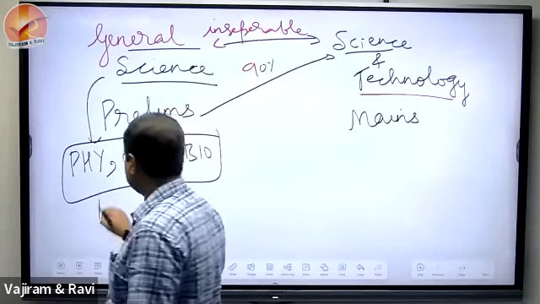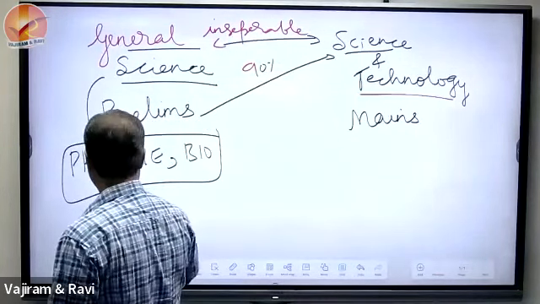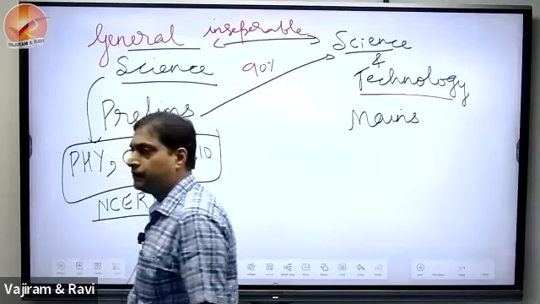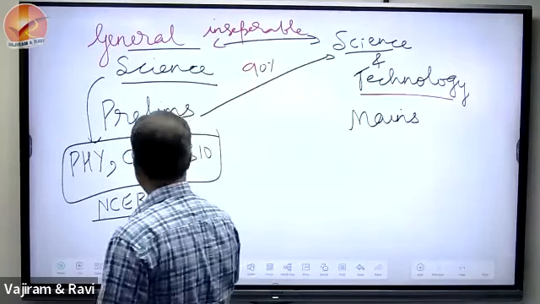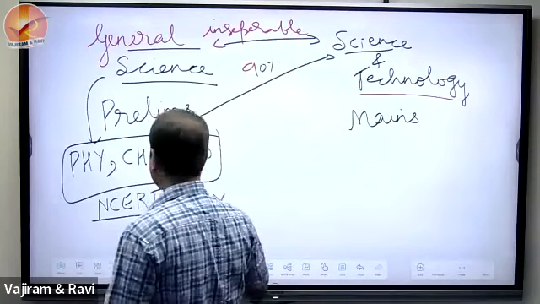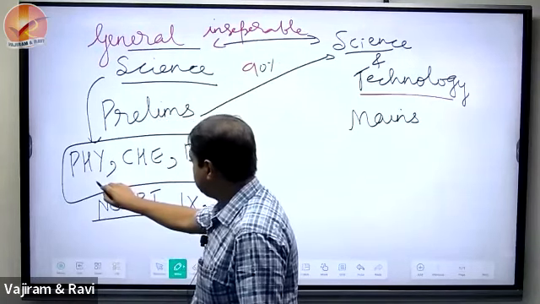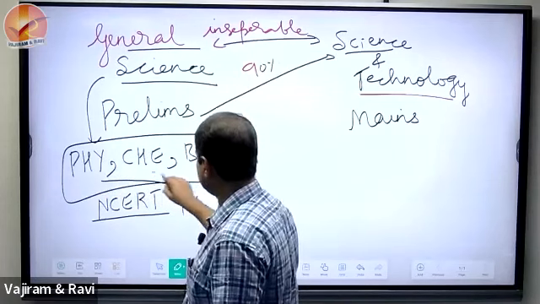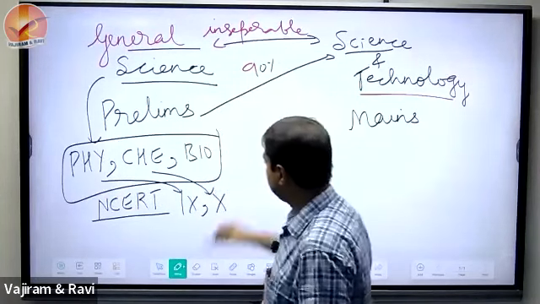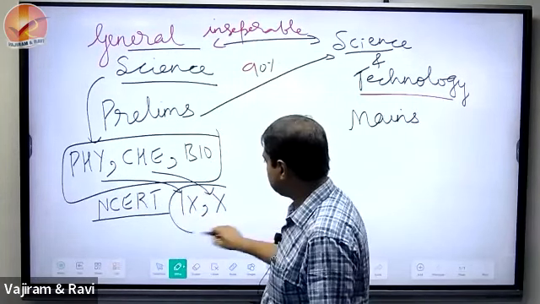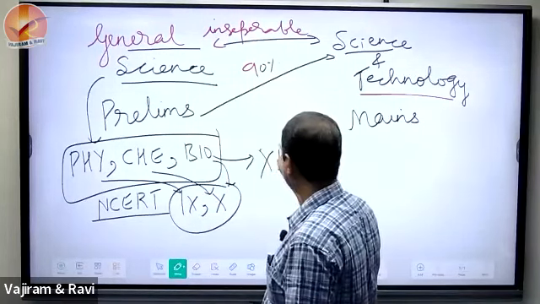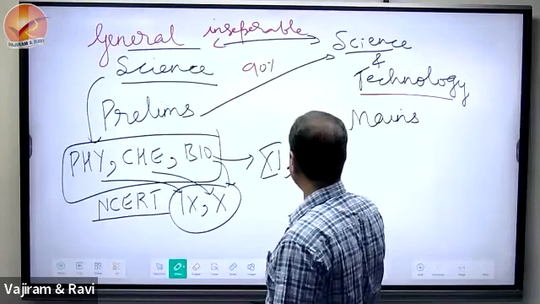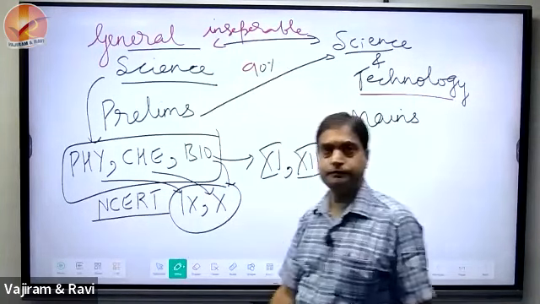Here, just like other general studies papers, you have to begin with the NCERT textbooks of the 9th and 10th standard. Physics, chemistry, 9th and 10th standard. Biology, apart from 9th and 10th, you also need to refer to the 11th and 12th standard NCERT textbooks.